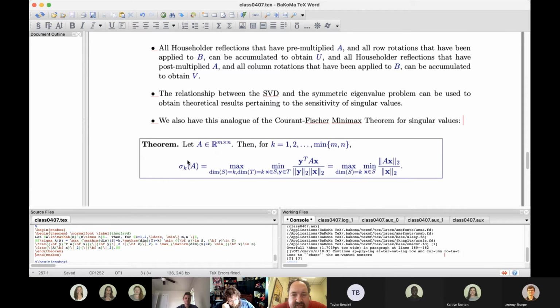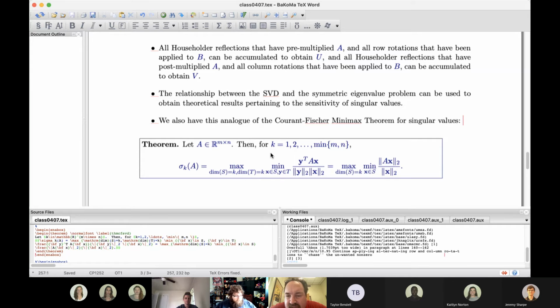So this says that the kth largest singular value of A comes from considering all subspaces S of Rn of dimension k and all subspaces T of Rm that have dimension k. And then we consider vectors in those subspaces, and this expression here. So we take the minimum of this quantity over the subspaces S and T chosen, but then we maximize that over all possible subspaces of these dimensions, and that gets us the kth largest singular value.